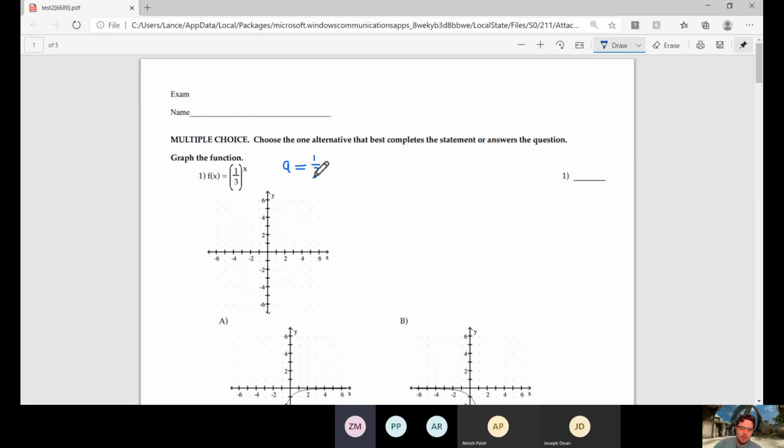Yes. So when a is greater than 1, you have an exponential growth function, meaning it's going to get larger as you move to the right. But when a is between 0 and 1, it gets smaller as you move to the right. This will always be positive, always, since there's no negative sign in front of it.